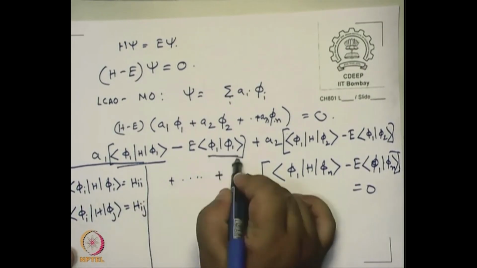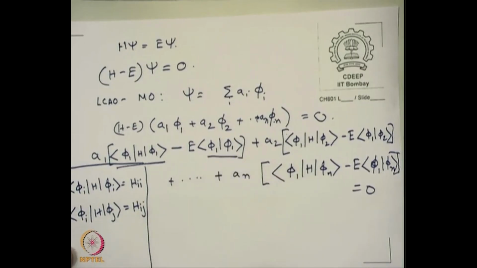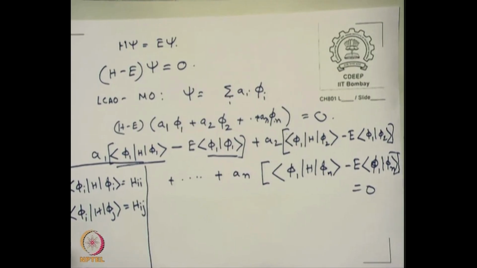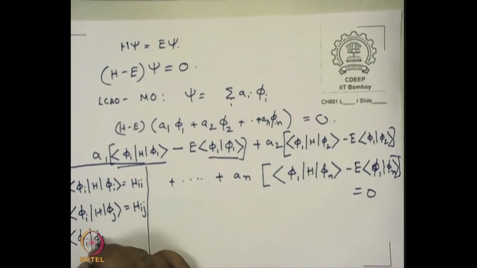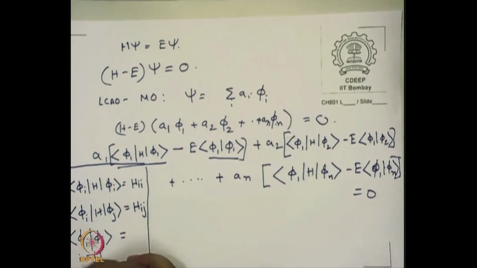What is the integral of phi_1 phi_1 over all space? That is 1, because we are dealing with an orthonormal set of wave functions. But what is the integral of phi_i phi_j over all space, where i is not equal to j? What is that equal to? That is not 0. Why?